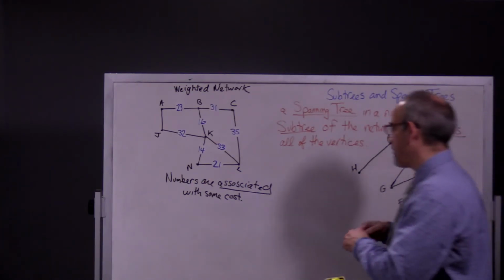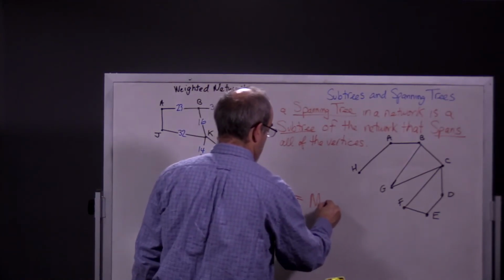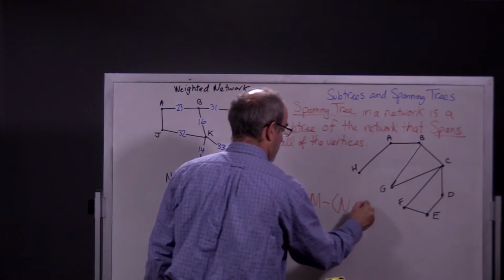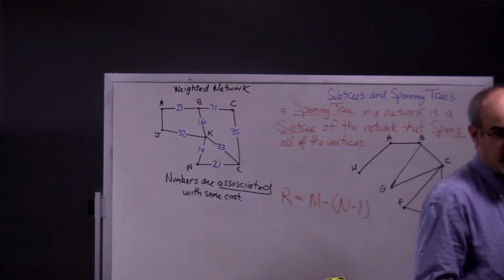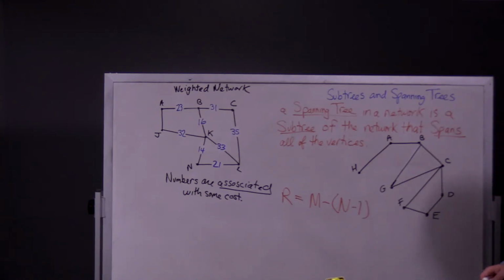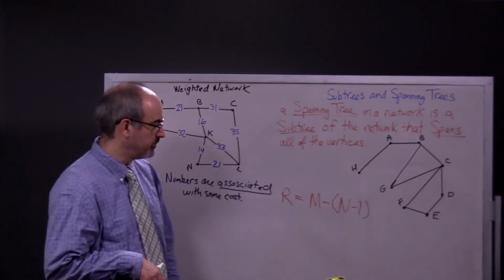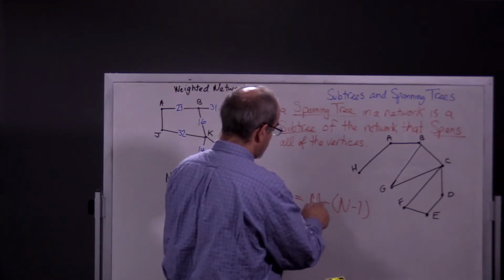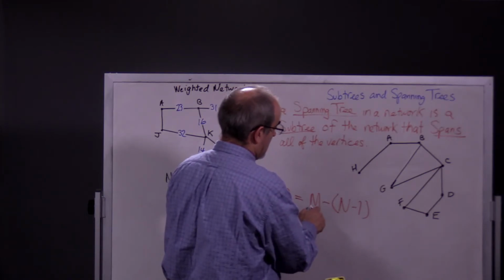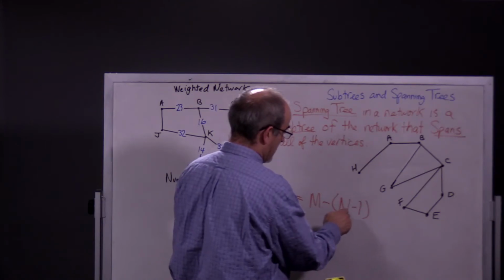If you remember the formula for redundancy, it was this. Remember, redundancy means how many edges do you have that you don't really need, and it could still be a circuit, or not a circuit, a network. It would be a tree, actually. So, M is edges, N is vertices.